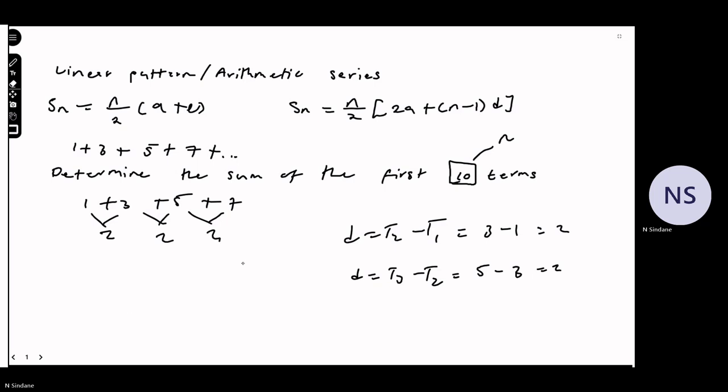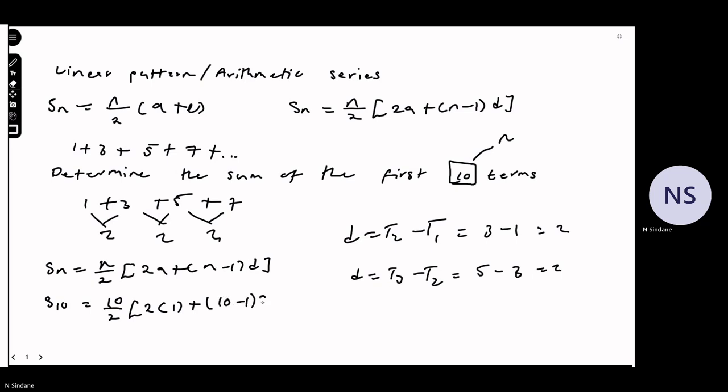After doing that, I can now come to the formula and substitute. Sn equals n divided by 2 into 2a plus (n minus 1) d. So S10 equals 10 divided by 2 into 2 into 1, which is your first term, plus (10 minus 1) into 2.